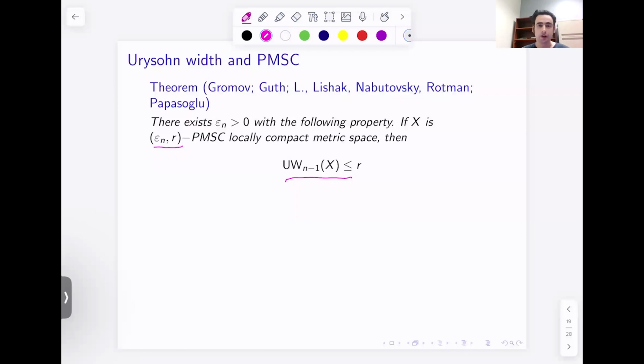And Papasoglu's proof instead uses ideas that are very similar to the Schoen-Yau proof of the Geroch conjecture, basically using the idea of dimension reduction using minimal surfaces.